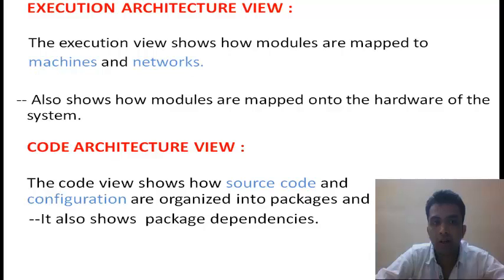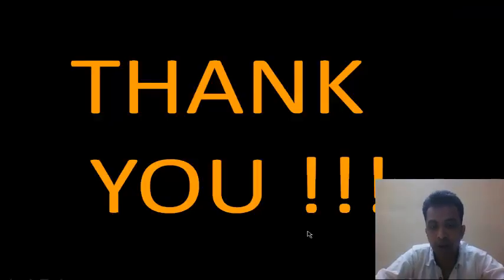The last main point is the code architecture view. The code view shows how source code, like a program, and configuration are organized into packages and dependencies. It also shows package dependencies. And thank you.